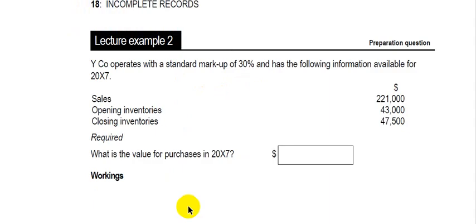We look at another example. YCO operates a standard markup of 30% and has the following information available for 20x7. From this question, we are given the sales, the opening inventory and the closing inventory.